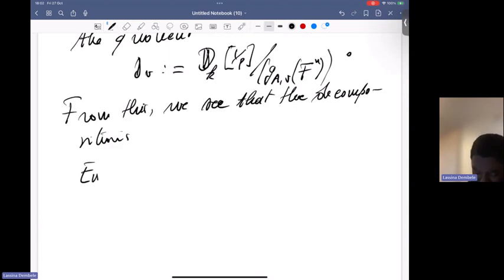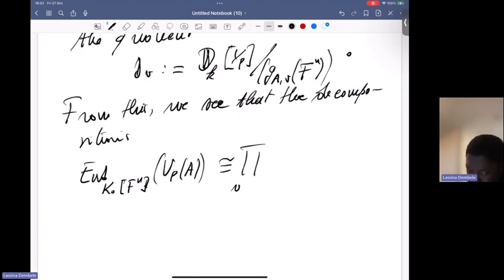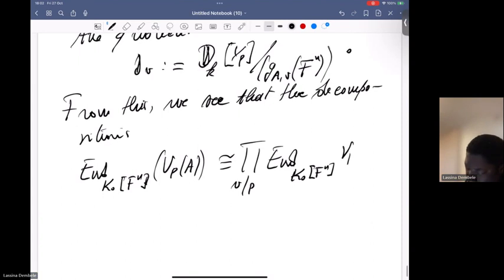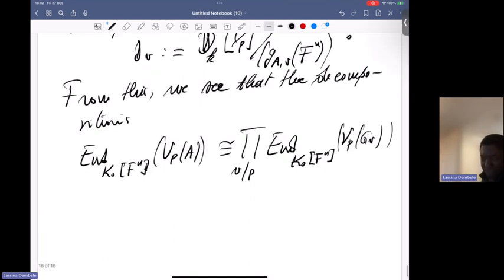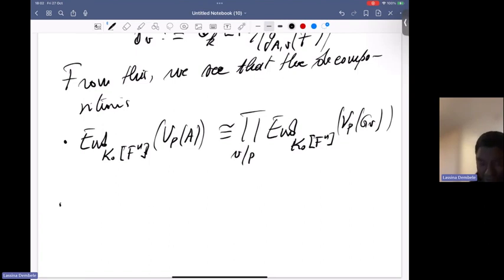The first one is that if I take the left-hand side of the equality that I want to prove, this will be isomorphic to the product on all the V dividing P, and now I'm taking the endomorphism ring Fn of the Tate module of GV. So that's the first decomposition.